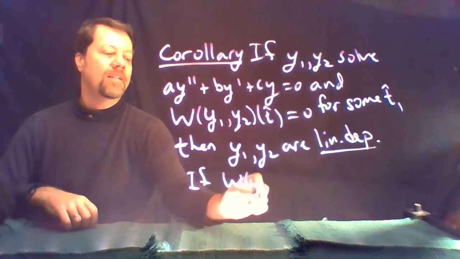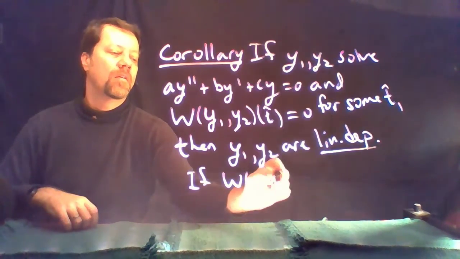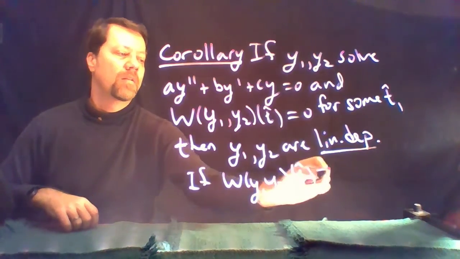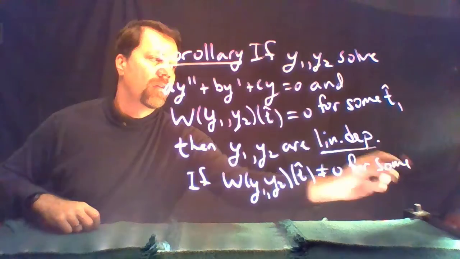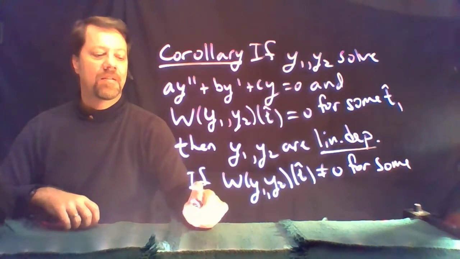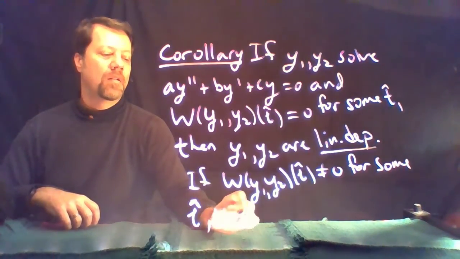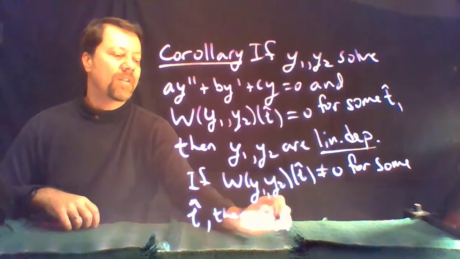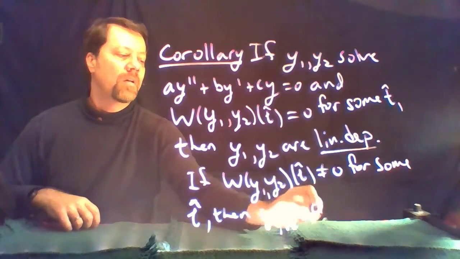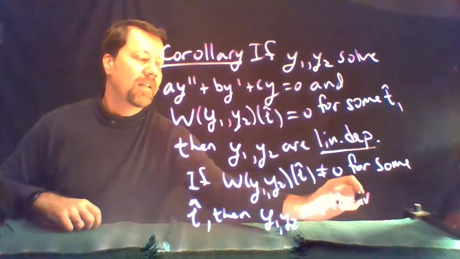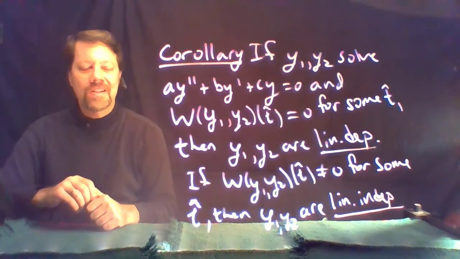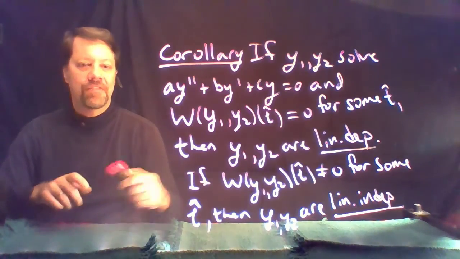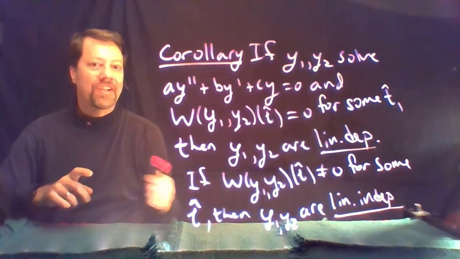If the Wronskian is not 0 for some t hat, then y1 and y2 are linearly independent. So the Wronskian is an easy test for either linear dependence or linear independence.